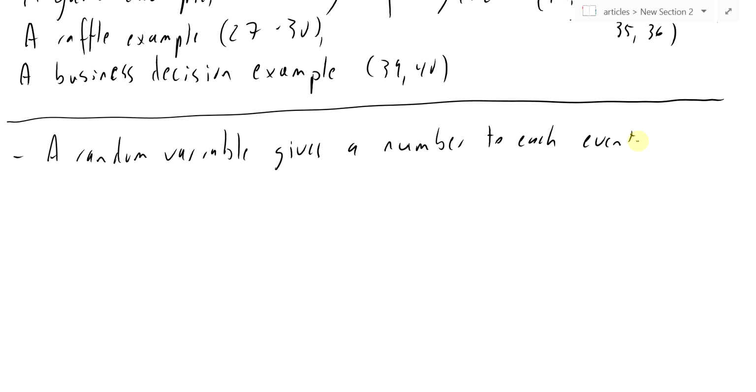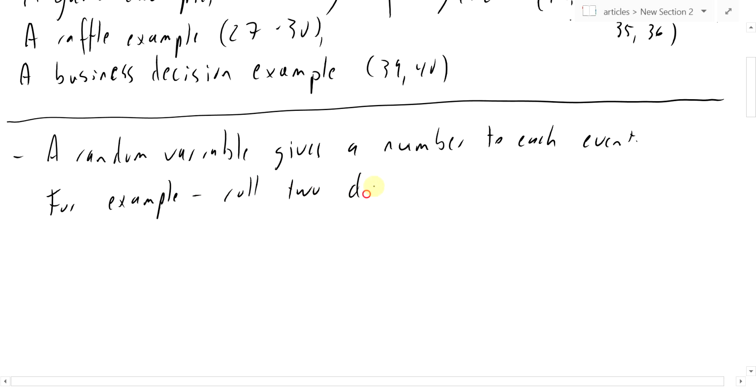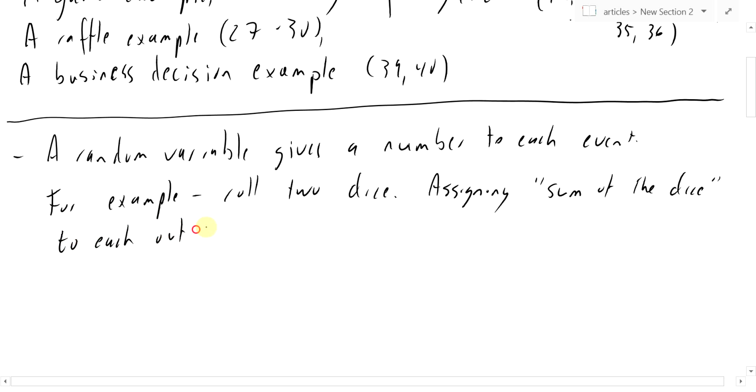So for example, if you roll 2 dice, assigning the sum of the numbers on the dice to each outcome is a random variable.